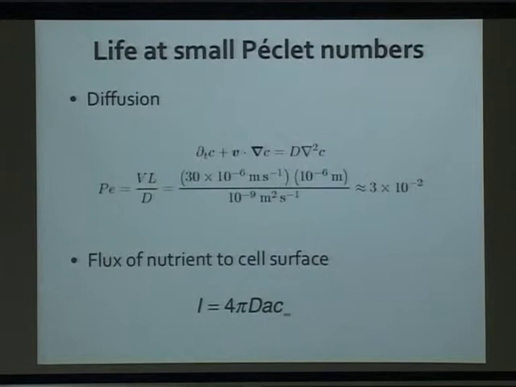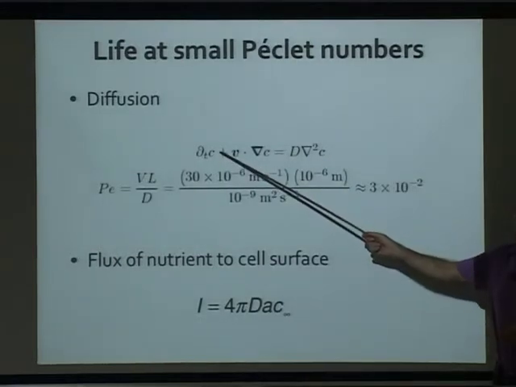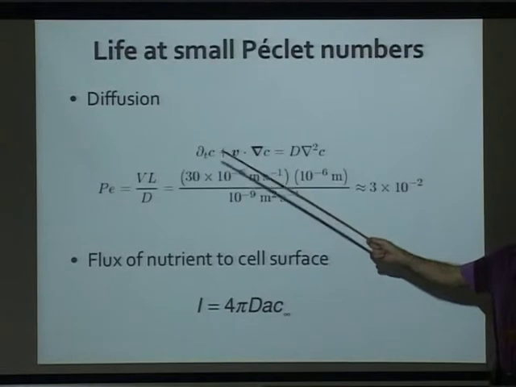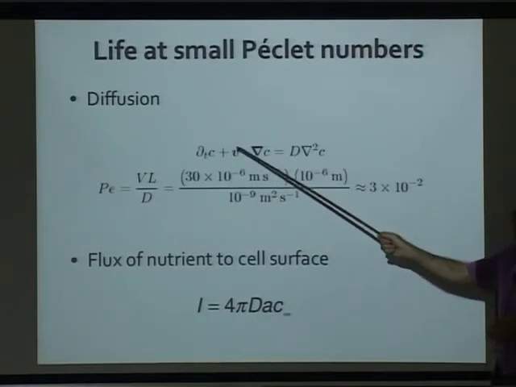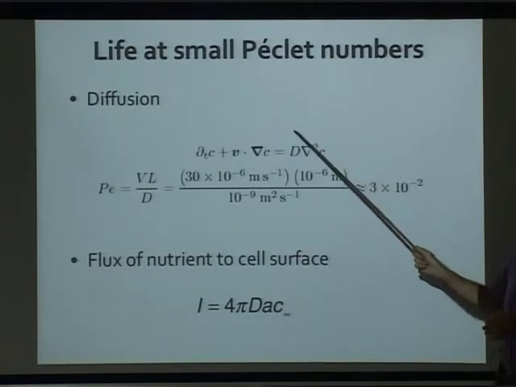So a very similar argument to the one that we did for the Reynolds number applies also for the diffusion of chemicals. So how is the diffusion of a chemical in a fluid described in general? It's described by this equation, which is the advection diffusion equation. It contains two terms.